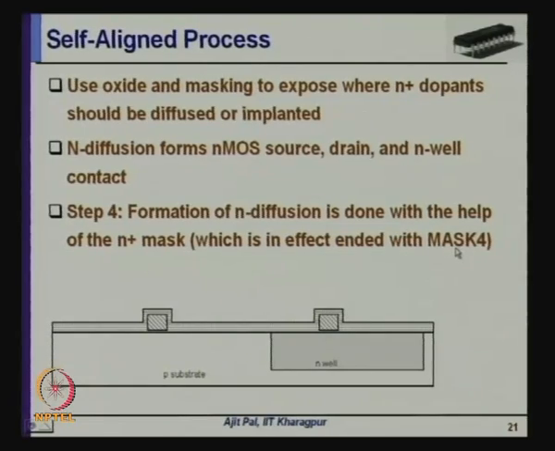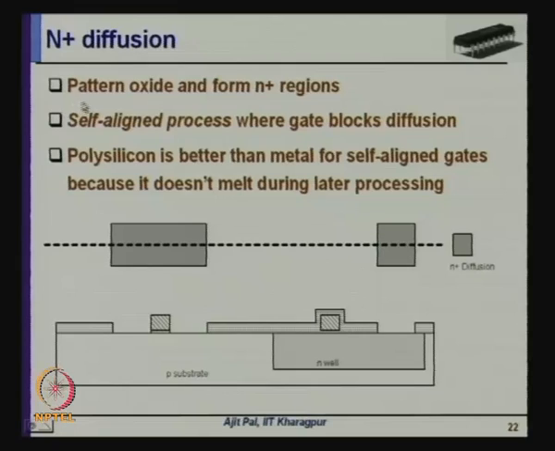So, you have another mask, called mask 4, to define the source and drains of the NMOS transistors. Pattern oxide to form the N plus region. This is the mask of the N diffusion, and this is a self-aligned process where the gate blocks the diffusion.